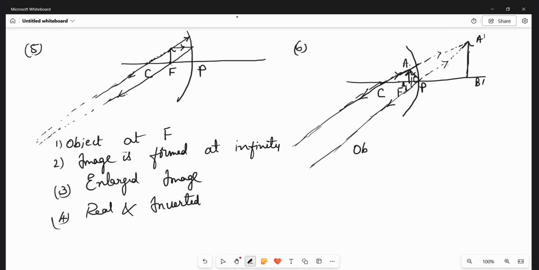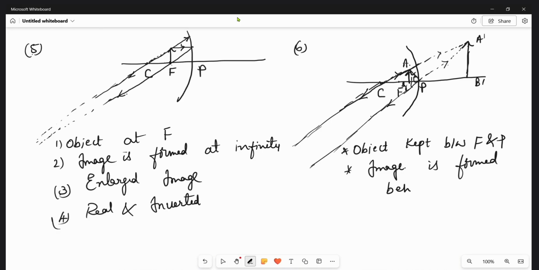So the object is kept between F and P. The image is formed behind the mirror. How do we get it in a plane mirror? The same way. A virtual image we get in a plane mirror, right? When you see your face in the mirror, what do we get? It's a virtual image.